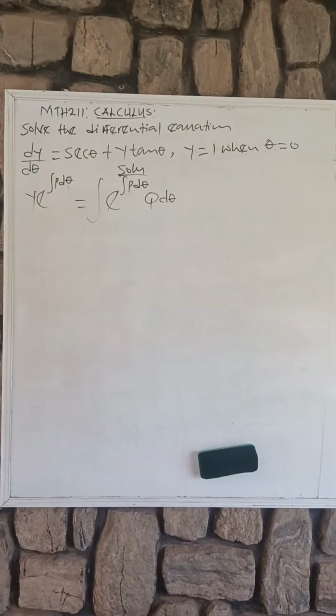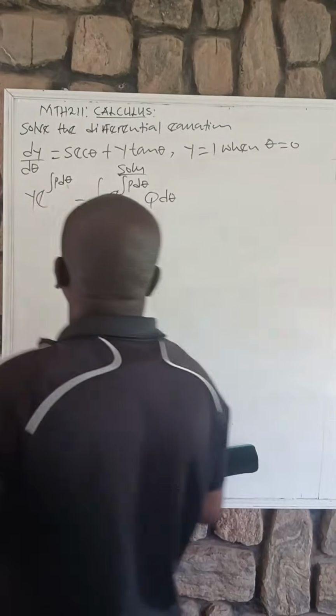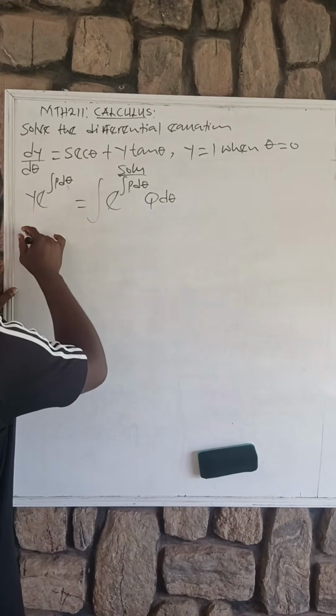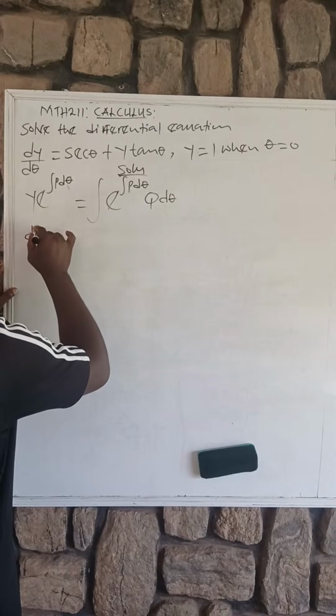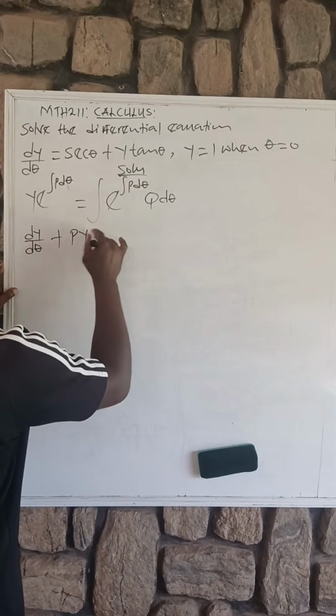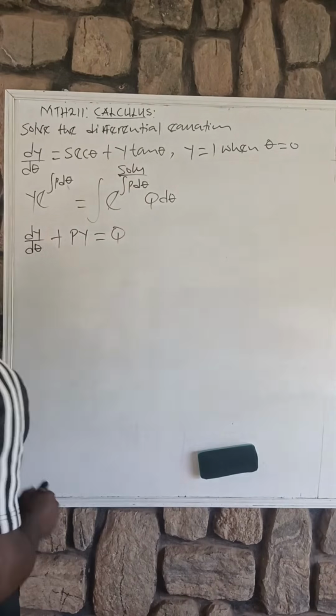So please listen very attentively. It's very important. Is that clear? Okay. So far, so good. So let's proceed. We have to recall the differential equation of this form dy/dx plus P y equals Q, right?